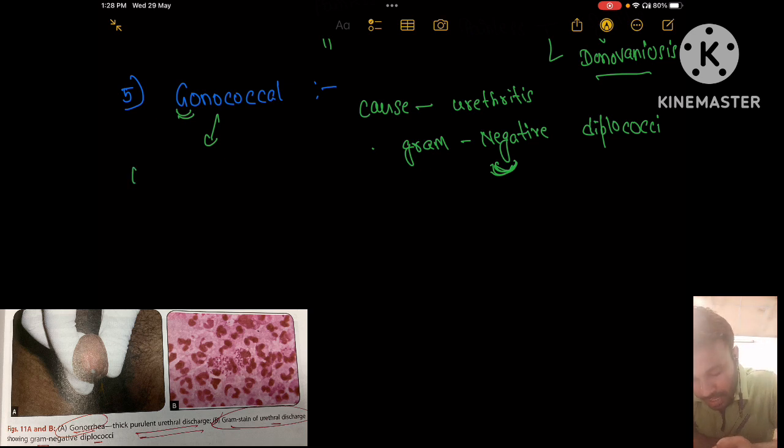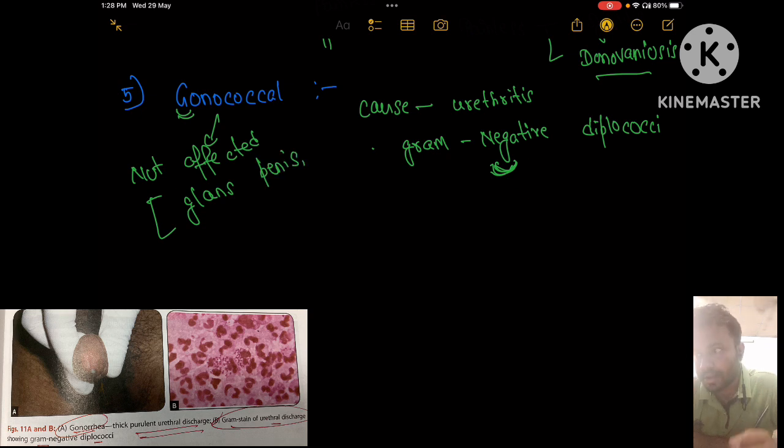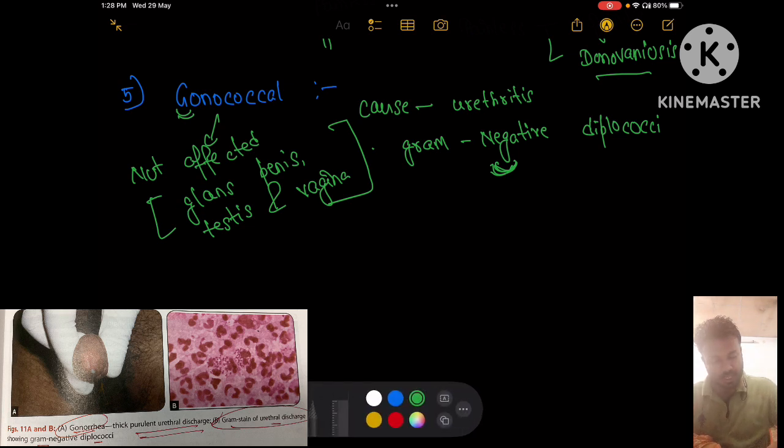Gonococcal does not affect glans penis, testis, and vagina.